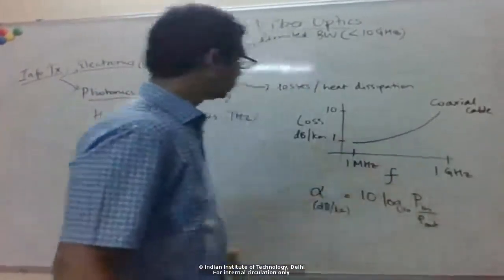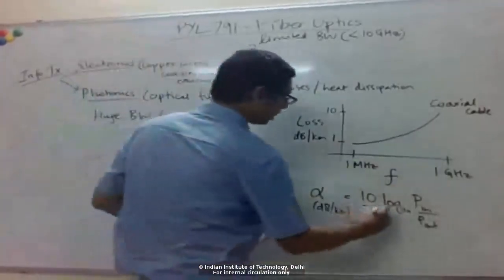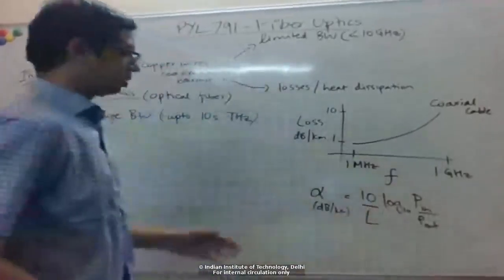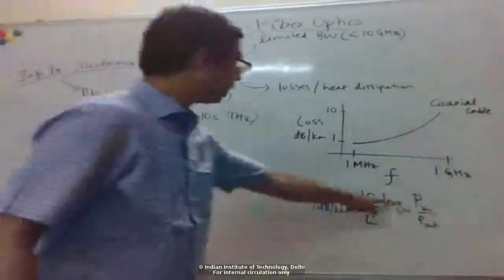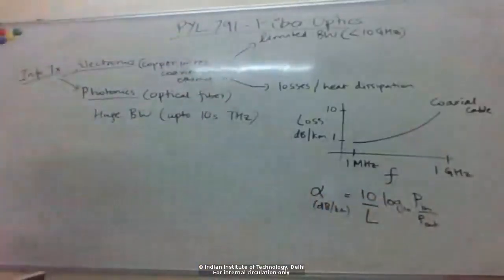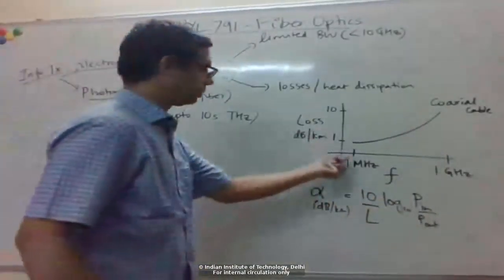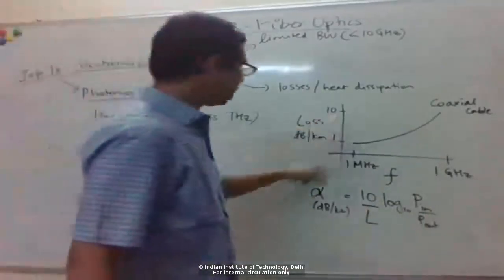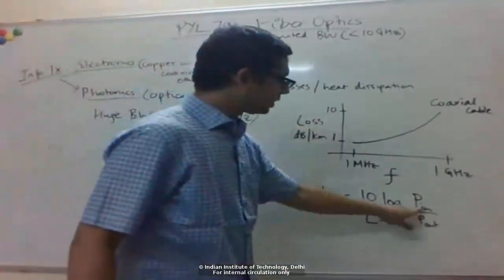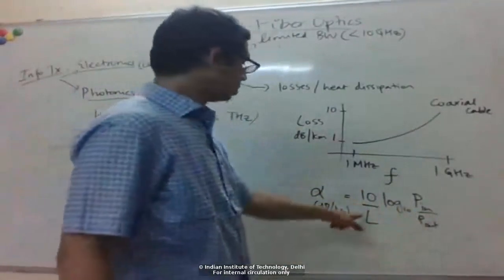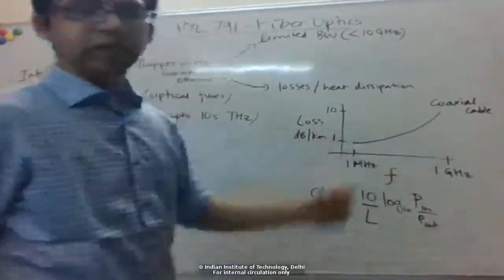So you convert that to decibel, and then you do per kilometer, so you divide by the length over which you send the signal. That's how you get this loss in dB per kilometer. So 10 dB per kilometer means your signal gets attenuated by 10 times over a length of 1 kilometer.